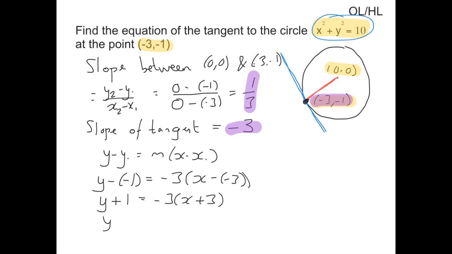So we have y plus 1, multiplying out the bracket over here, we have minus 3x minus 9.